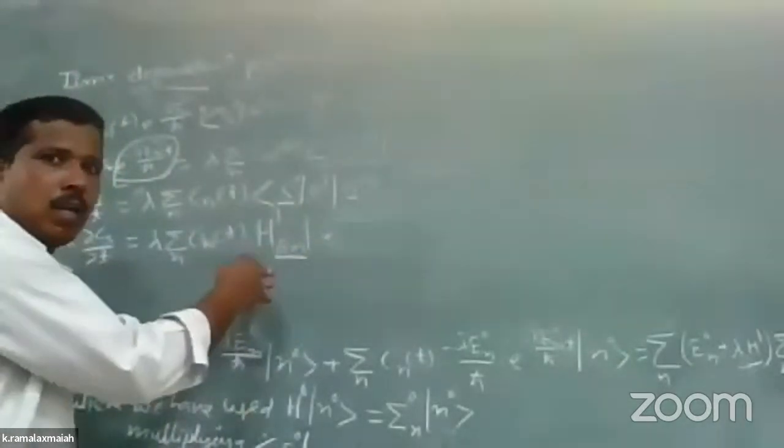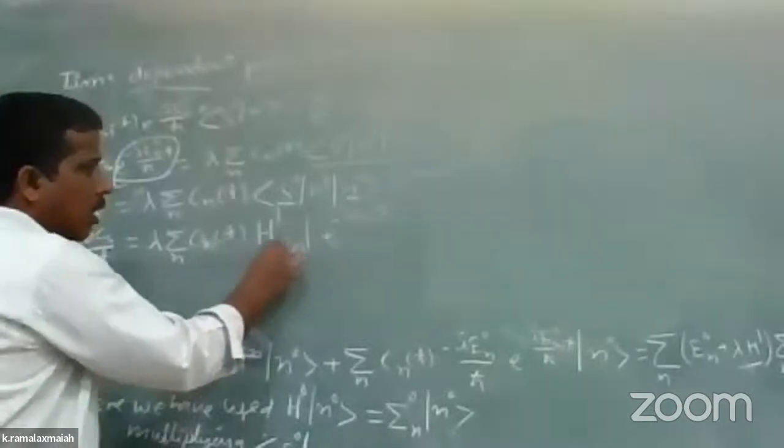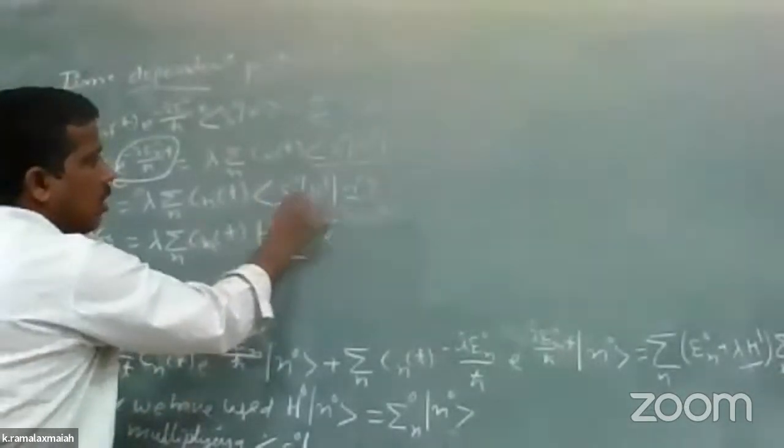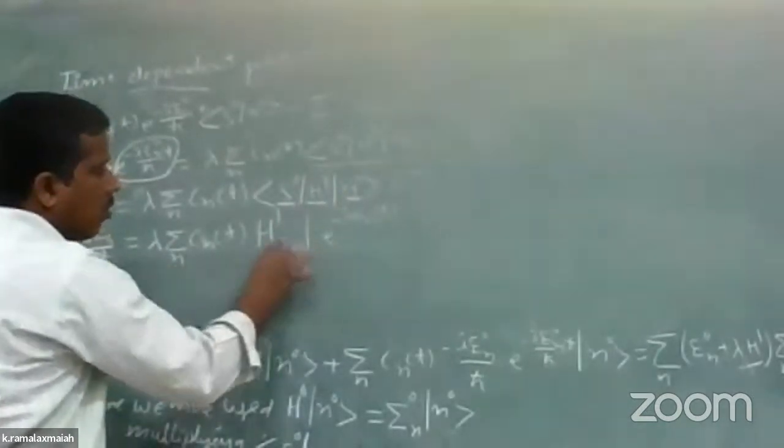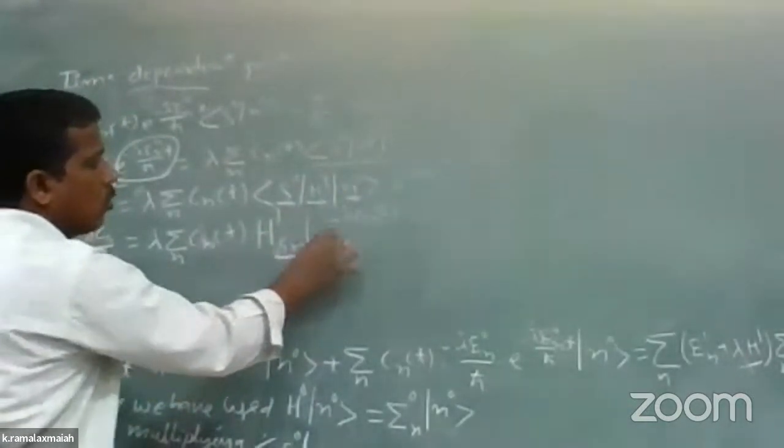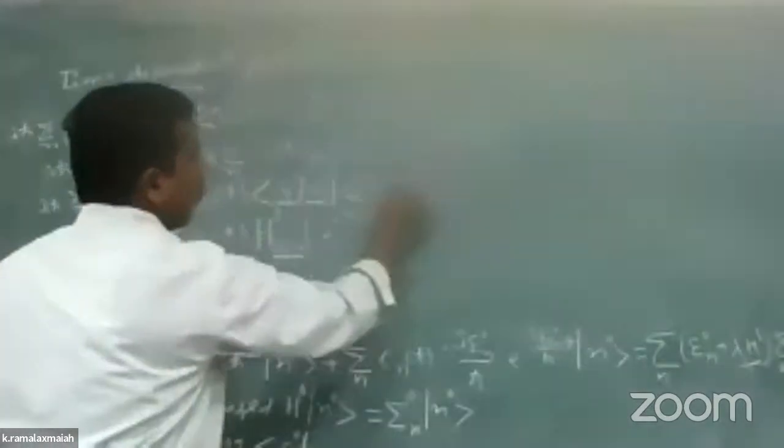We converted the Hamiltonian equation into this sum over the S value and the N value. This is the S-naught, N-naught value. You write the Hamiltonian value, H'sn, into e to the power of the remaining value.